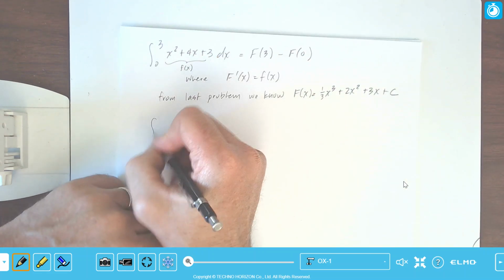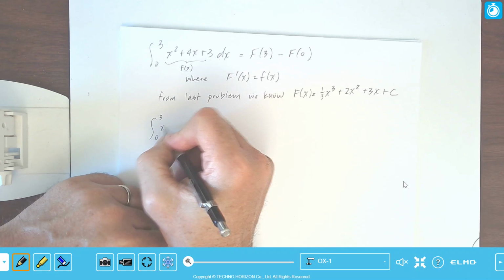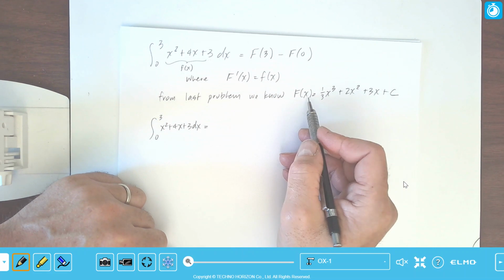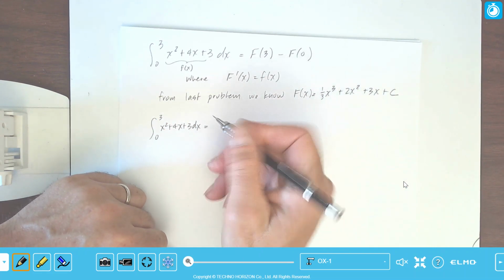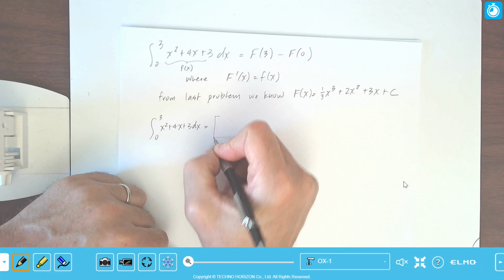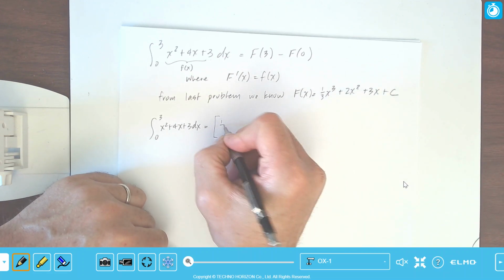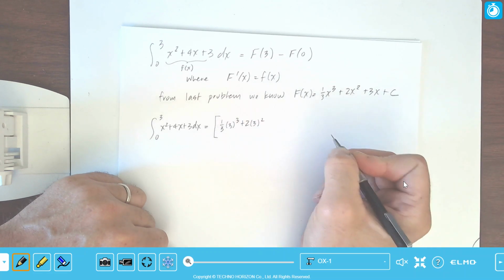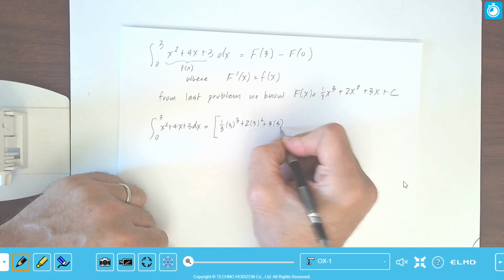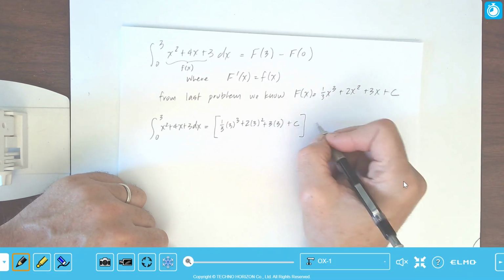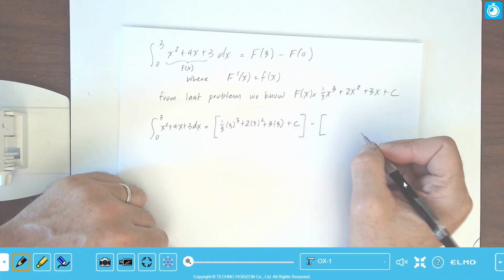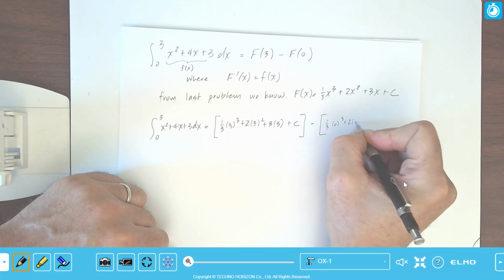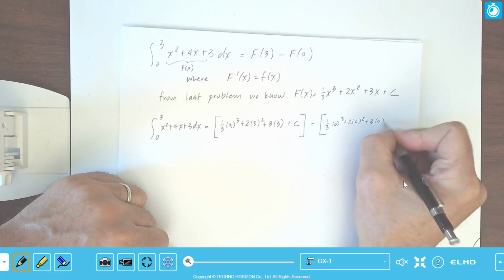So that means the integral from 0 to 3 of x squared plus 4x plus 3 dx is going to be this function evaluated at 3. I'll put some square brackets around it: 1/3 times 3 to the third plus 2 times 3 squared plus 3 times 3 plus constant, minus F of 0, which is 1/3 times 0 to the third plus 2 times 0 squared plus 3 times 0 plus constant.